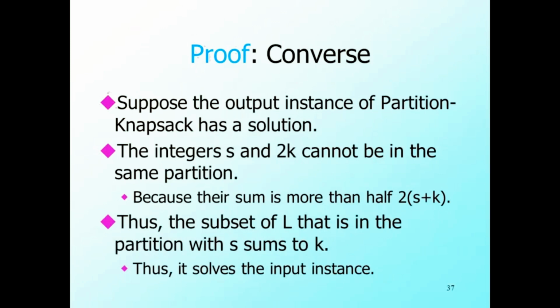That means the subset of L sums to exactly K. Now look at the input instance of knapsack with target. We just showed that there is a subset of L that sums to K, so this subset is a solution to the input instance. That completes the proof that the input instance has a solution if and only if the output instance has a solution. We therefore have a valid polytime reduction from knapsack with target to partition knapsack, and we now know the partition knapsack problem is also NP-complete.